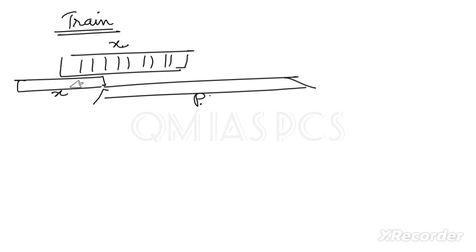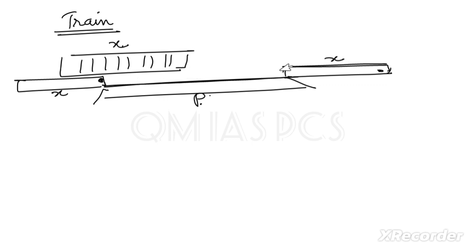We have to consider the driver, or any passenger. So right now I am considering the driver, that loco pilot. That loco pilot will cover this complete distance, that X, to pass the platform.